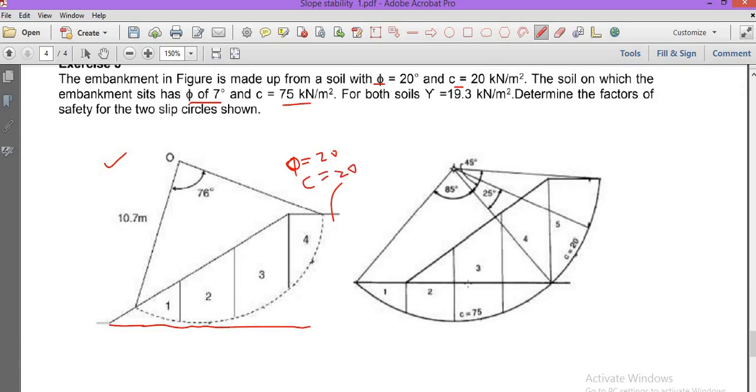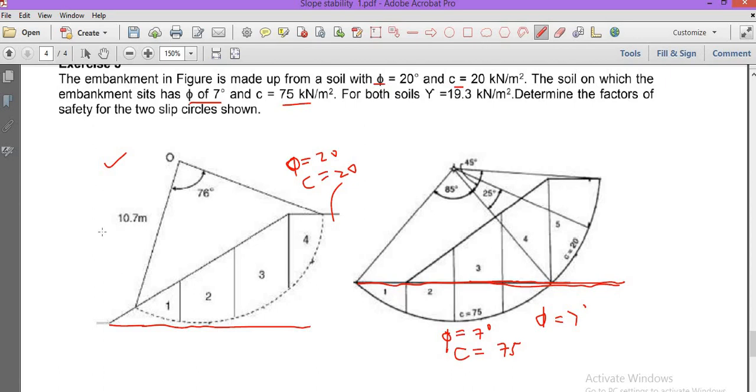And the soil that the embankment sits on, that means the soil beneath this, the foundation soil, has properties of phi 7 and C of 75.